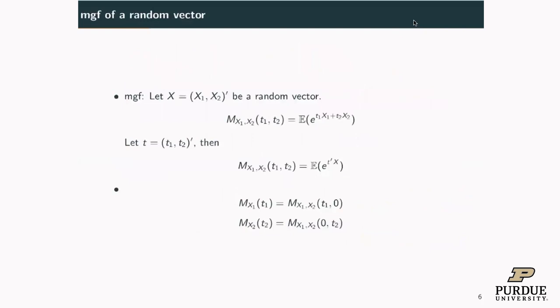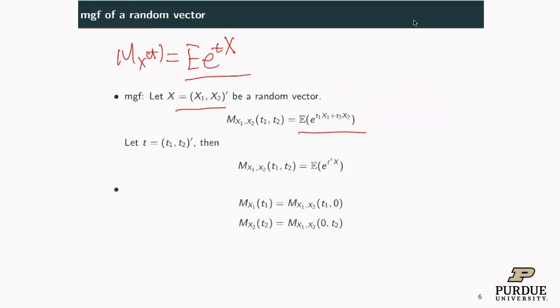For a random vector, how do we define the MGF? Suppose I have a bivariate random vector, (X1, X2). For the one-dimensional case, the MGF is the expected value of e to the tX. That's how we define the MGF. For the two-dimensional case, the MGF is a function of t1 and t2. It is the expected value of e to the t1 X1 plus t2 X2.